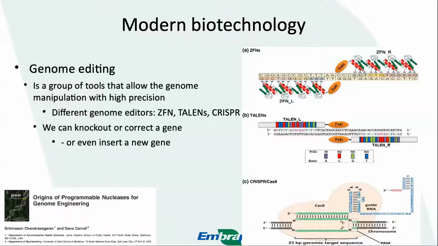But you can also use this to correct a defective gene, or you can insert a new gene, for instance, to make a transgenic animal. So you can use genome editing to manipulate the gene even without making a transgenic animal. You have these options.